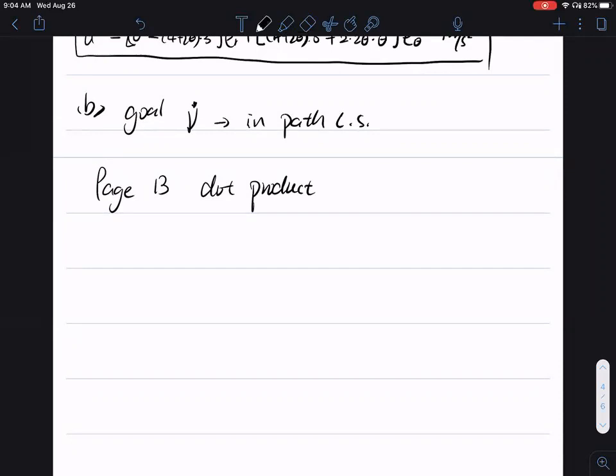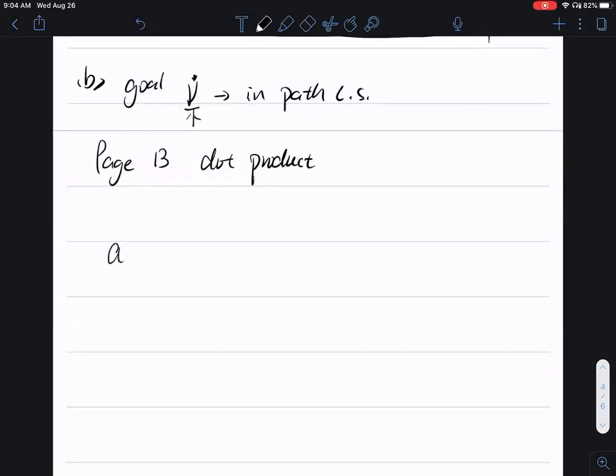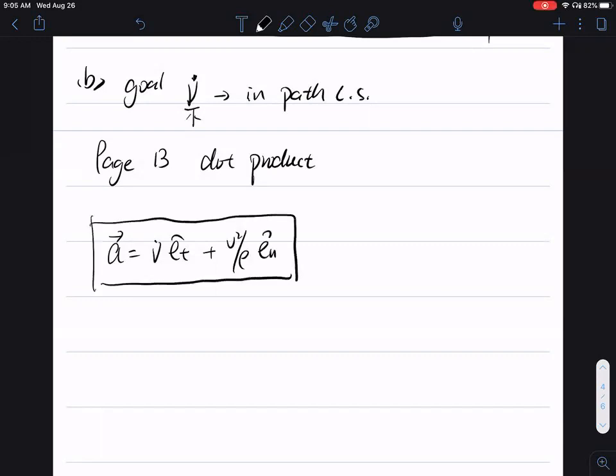Because we're looking for V dot, remember V dot is the e_t component of the acceleration equation under the path coordinate system. This is the equation under the path coordinate system for acceleration.